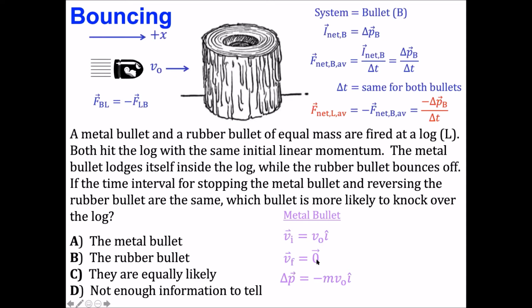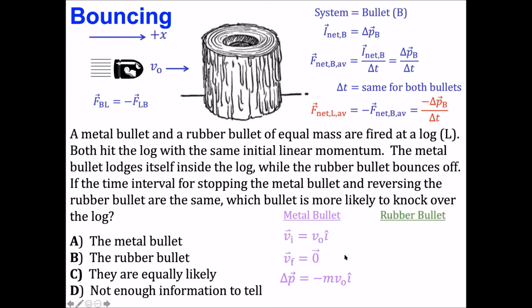And since the final velocity of the metal bullet is 0, as it gets stuck in the log, the total change in the linear momentum of the metal bullet is just going to be minus the bullet's mass times its initial speed times the i hat unit vector.